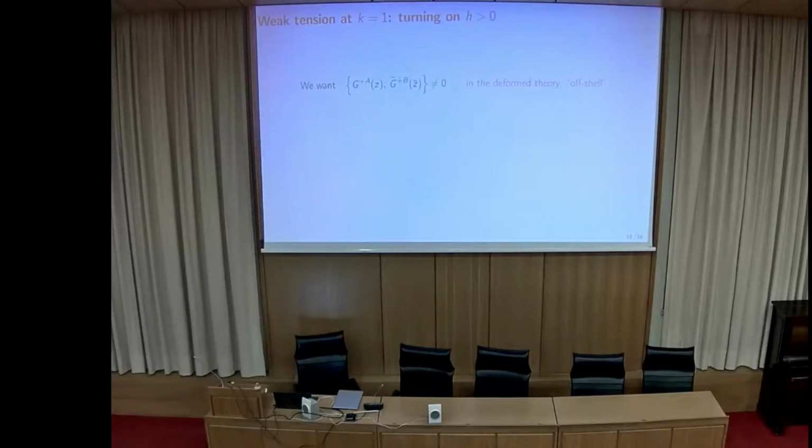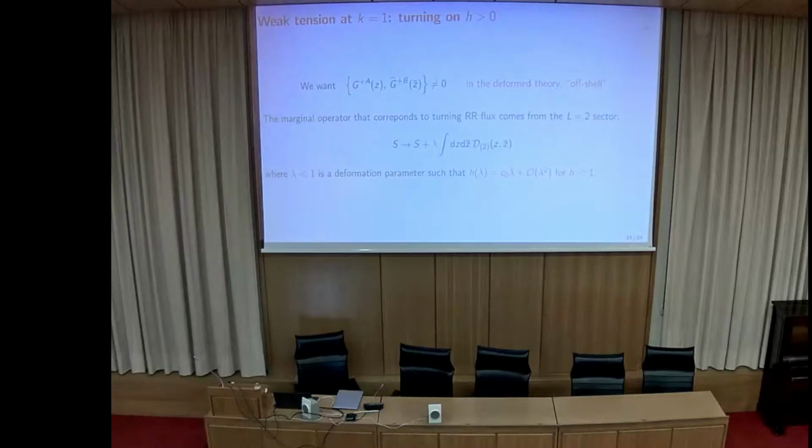What is more interesting is how you turn on the deformation, because to turn on the deformation, we want the supercurrents left and right not to commute anymore. And that looks fishy, of course, in conformal field theory, but if you stop and think about it, it is not so strange in this case. So the point is that there is a deformation of this symmetric orbifold. There are several, but in particular one which sits in the two-cycle sector.